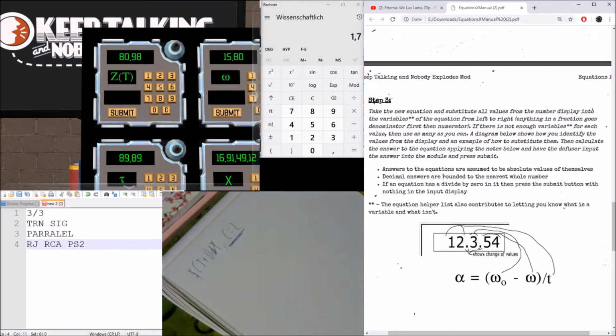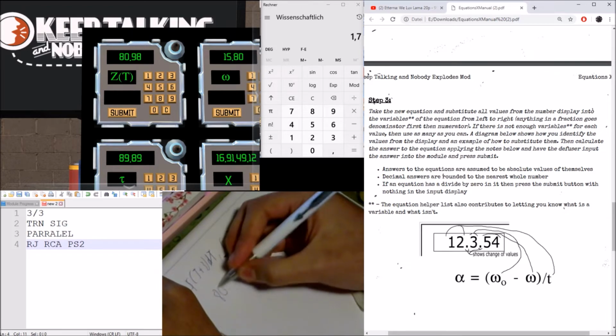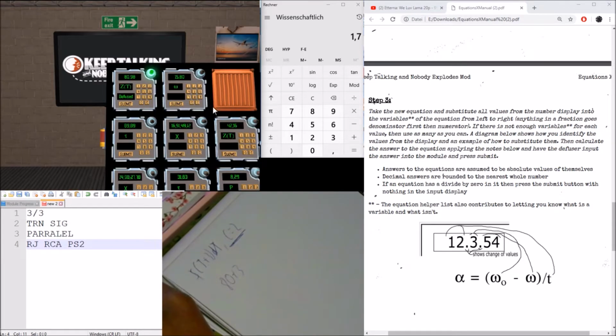So in this case, you would only use the left one because you have a 3, which is not a variable. It's just a number. So it's basically only 80 plus 3. That's it. 80 plus 3 is 83. 83, submit, defused. So that's how a normal one works.